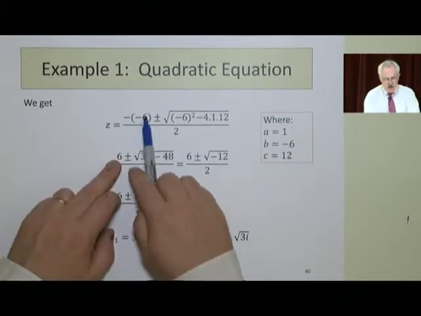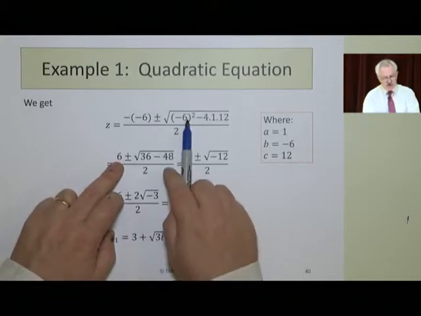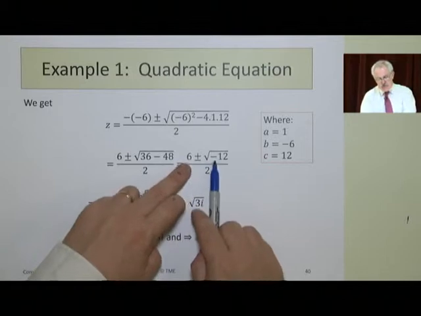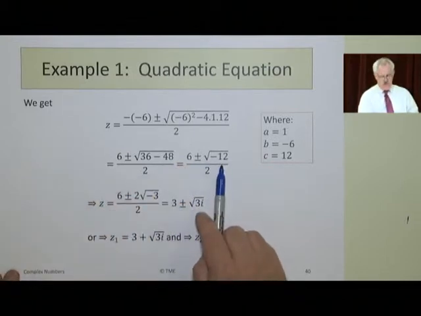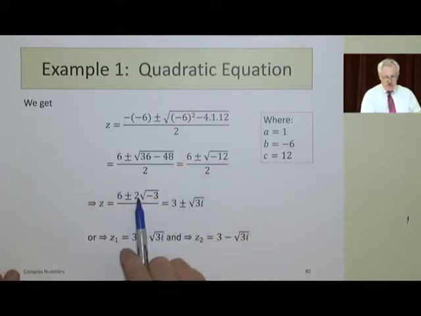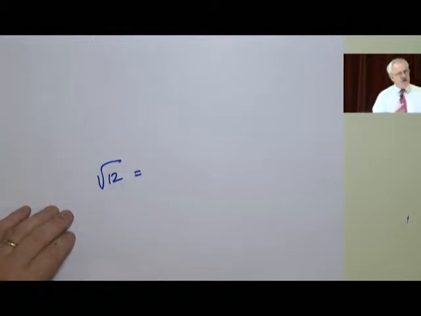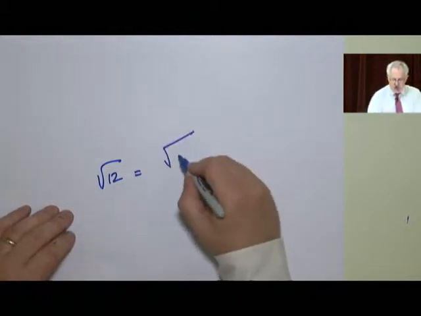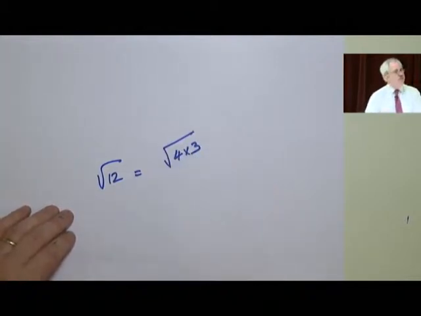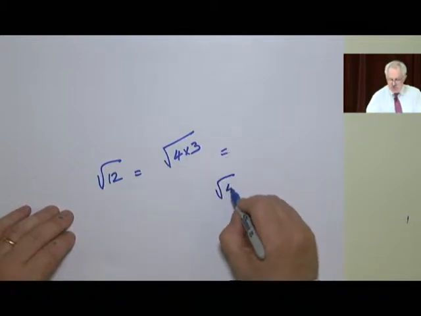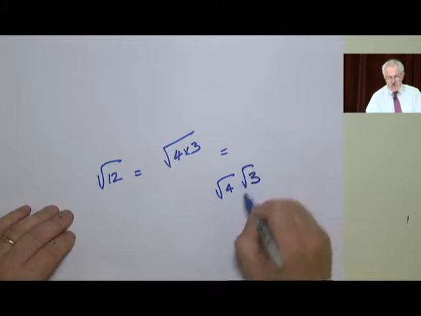Work it out. Minus by minus is plus. That's 36 minus 48. So 6 plus or minus root of minus 12. Now root 12 is a strange one. But actually the square root of 12 is the square root of 4 times 3, which is the square root of 4 by the square root of 3.